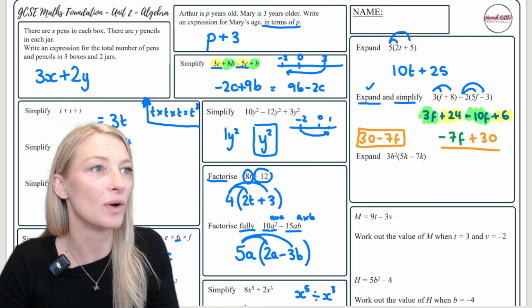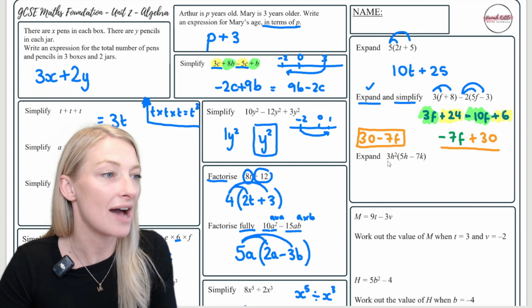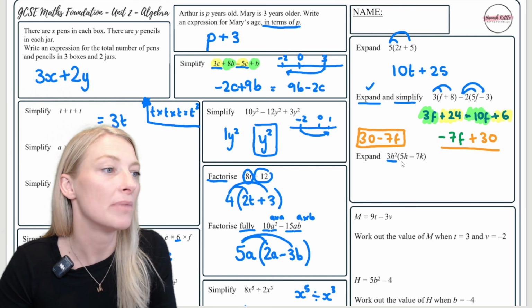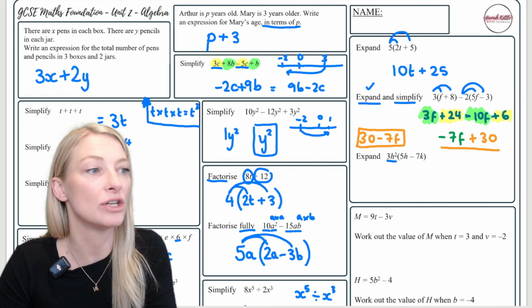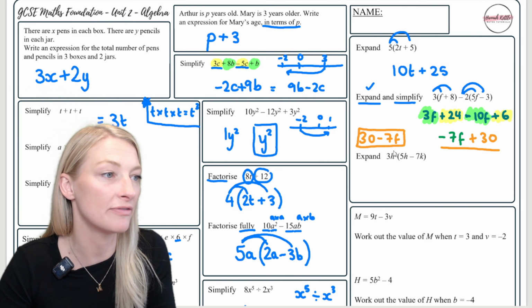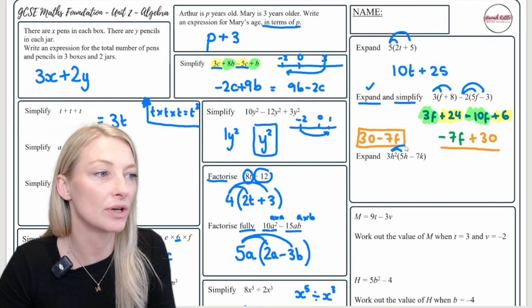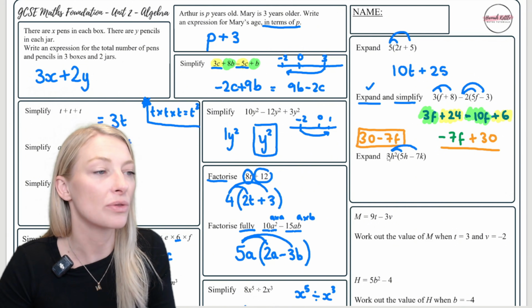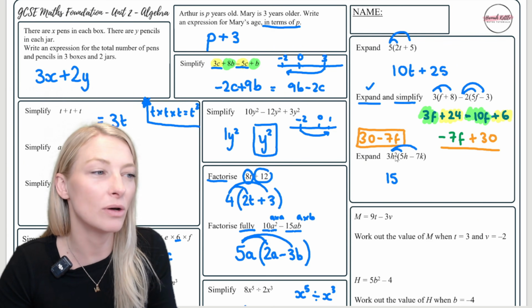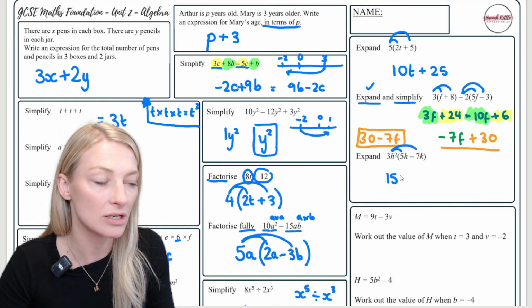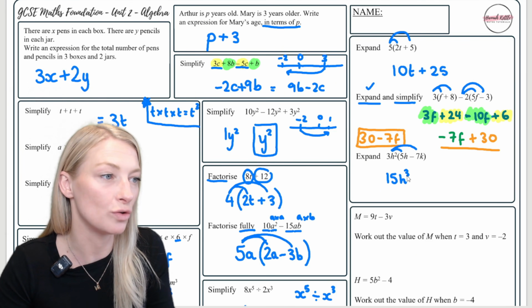Okay, last but not least on this section, I have 3h squared multiplied by 5h minus 7k. And again, we're going to do what's on the outside multiplied by the first thing, what's on the outside multiplied by the second thing. So 3h squared multiplied by 5h. 3 times 5 gives me 15. And then I have h squared, and I'm multiplying that by another h, and that is going to be h cubed.